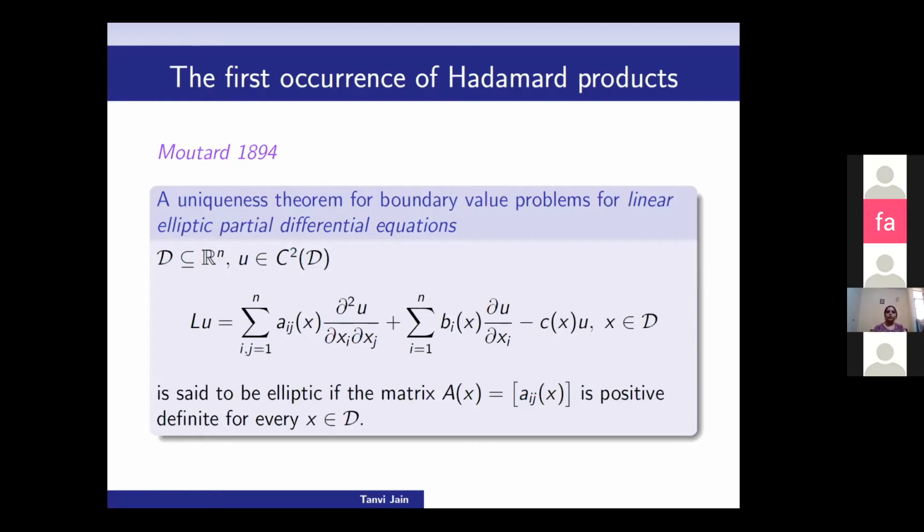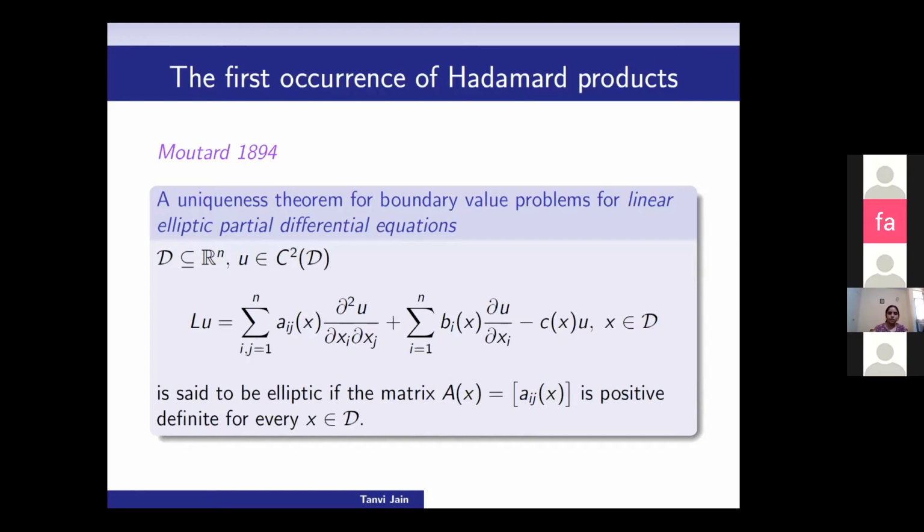So if we have the partial differential operator LU, where U is on a domain D, which is a subset of Rn, we take LU to be the operator: summation over ij, aij of x del square u by del xi del xj, plus summation bi of x del u by del xi, minus c of x u.